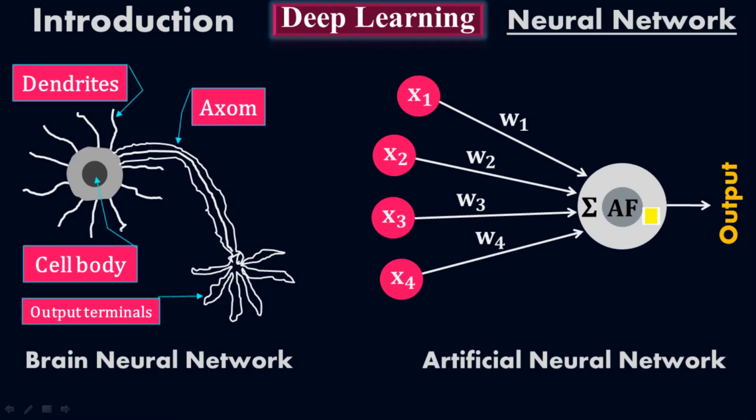It decides whether the neuron should be activated, fired or not. If it decides to pass it ahead, it goes to the output terminal, where we get the output. This is my artificial neural network. This is my biological neural network. So that was a simple comparison of the neural networks.